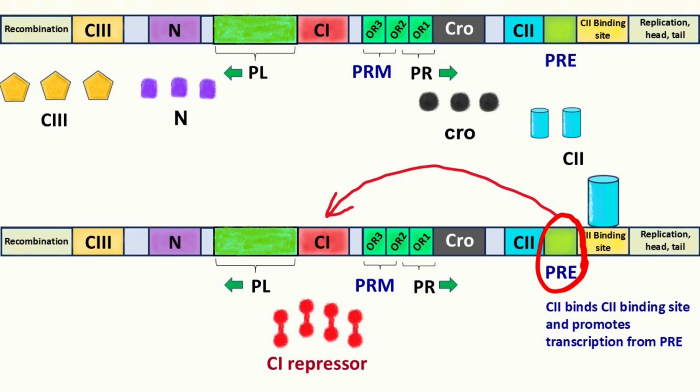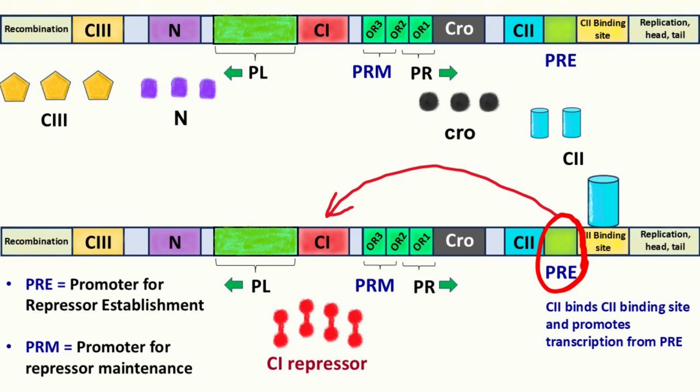Now let me take a pause and introduce you to two more terms, PRE and PRM. PRE stands for promoter for repressor establishment. PRM stands for promoter for repressor maintenance.